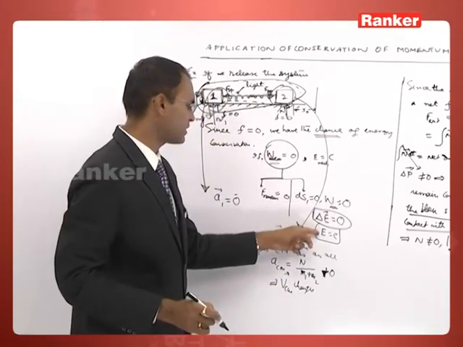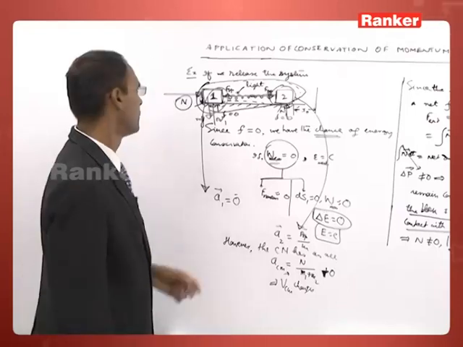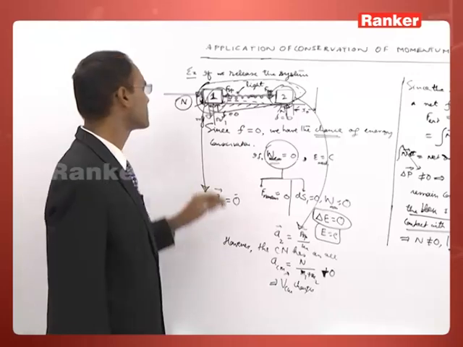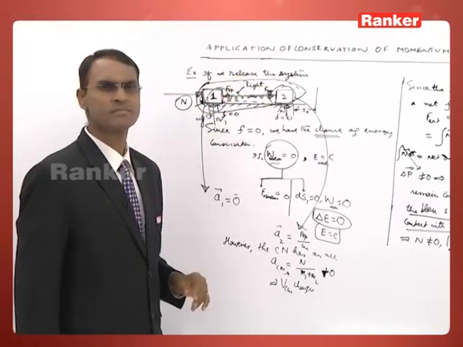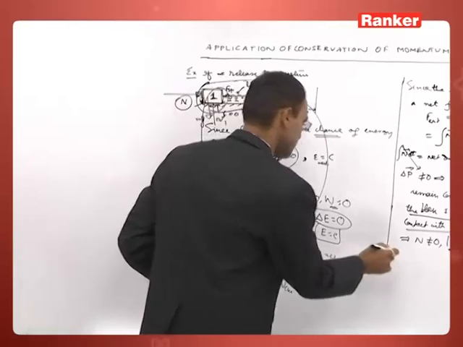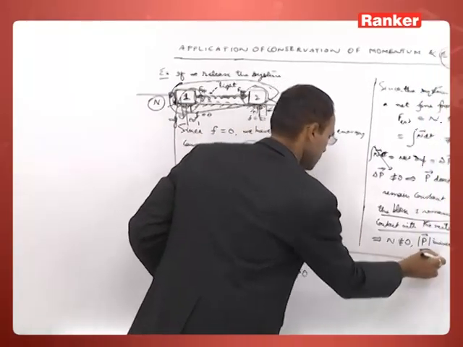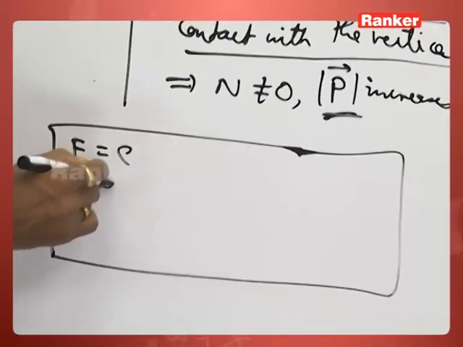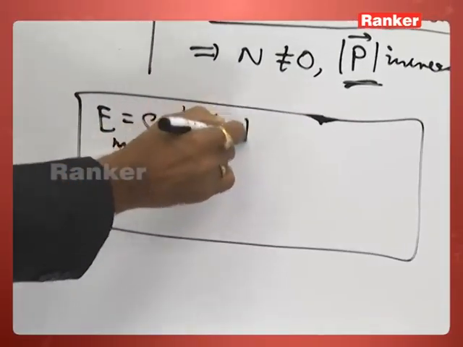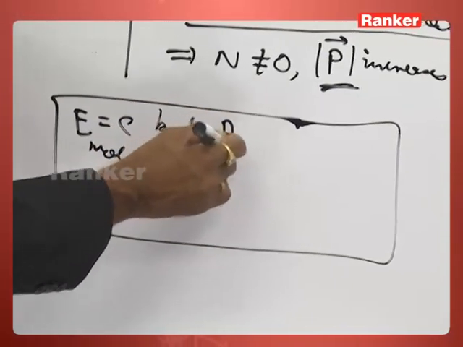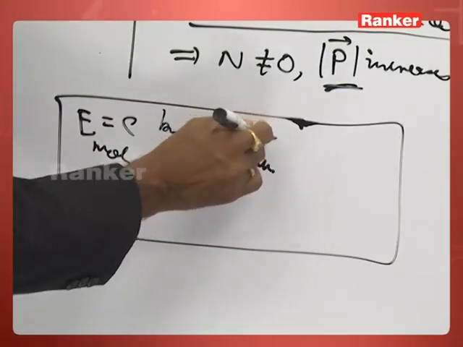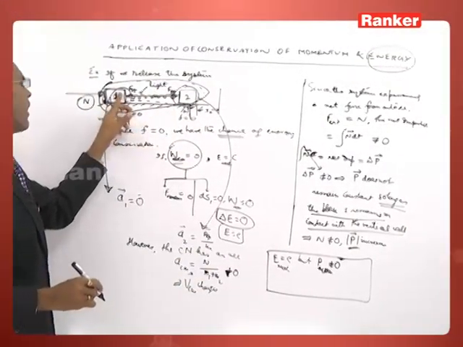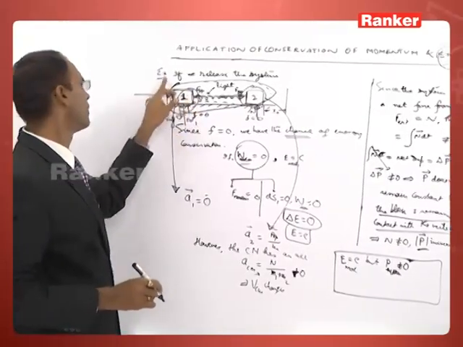So here we can conclude that this system can conserve its mechanical energy, but the momentum of the system is not conserved so long as this block is in contact with the vertical wall.